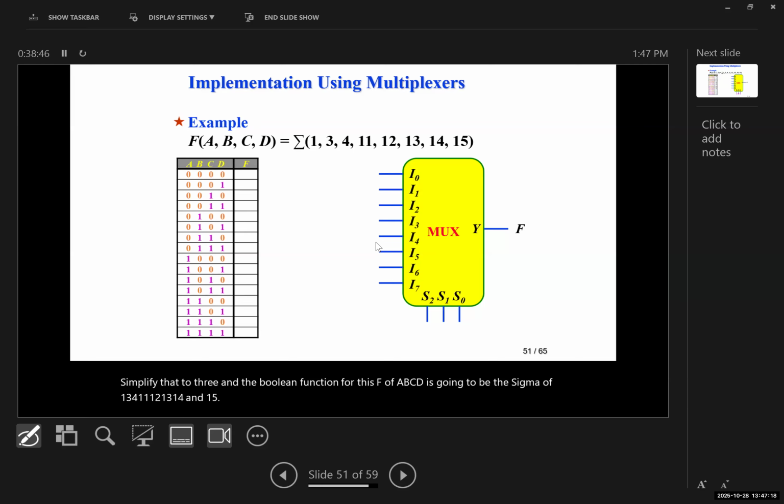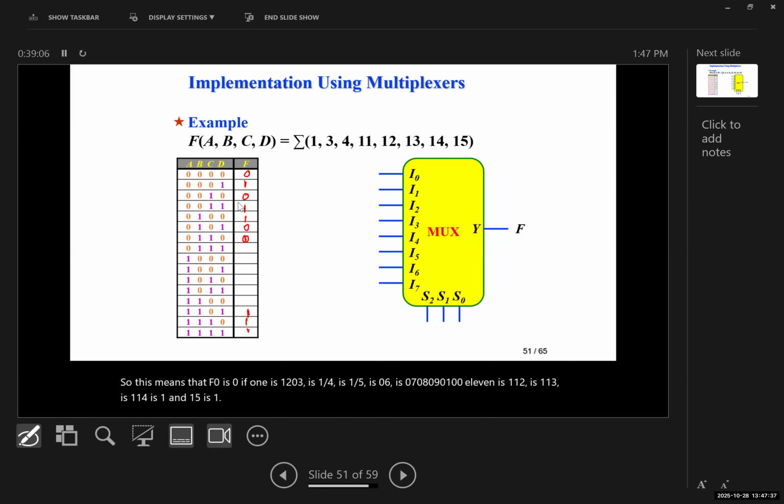So this means that f0 is 0, f1 is 1, 2 is 0, 3 is 1, 4 is 1, 5 is 0, 6 is 0, 7, 0, 8, 0, 9, 0, 10, 0, 11 is 1, 12 is 1, 13 is 1, 14 is 1, and 15 is 1.